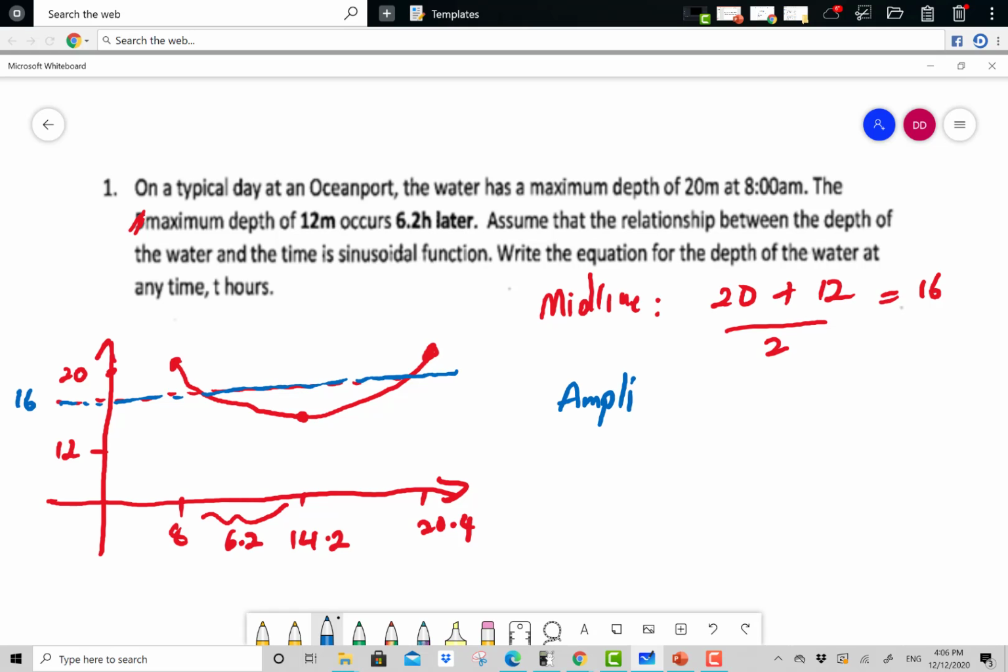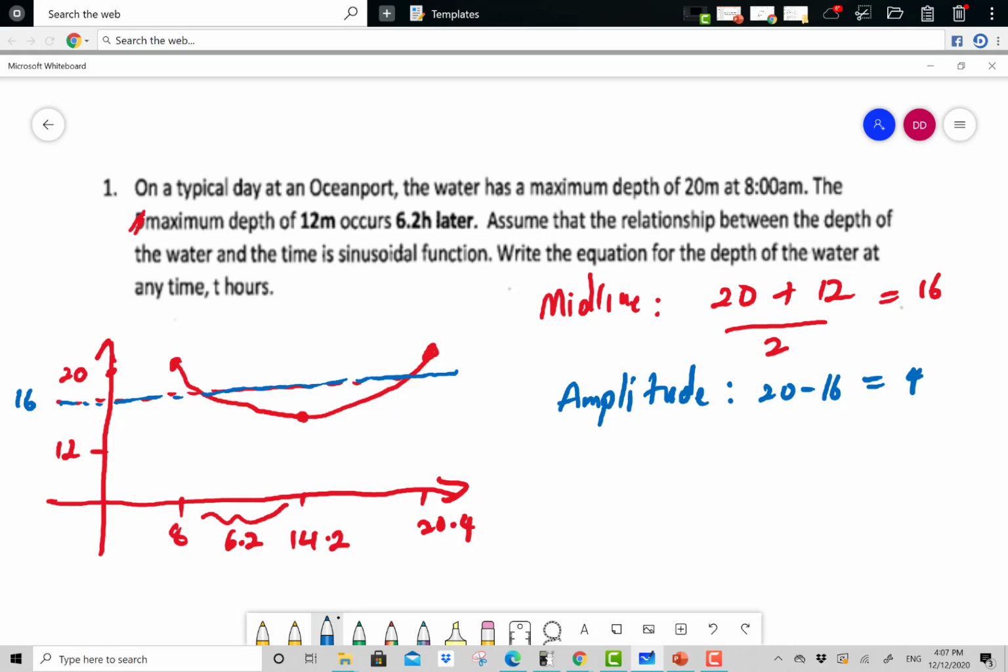My amplitude, if I remember, is going to be the difference between the max and the midline, or the distance from the max to the midline. And that's obviously going to be 20 minus 16, which is equal to 4. So that's going to be my amplitude.